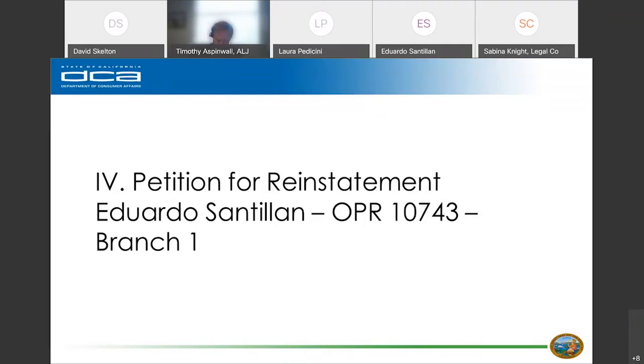So that completes the documents that I would like marked for identification and offered into evidence as Exhibit 1. The documents are so marked and admitted as Exhibit 1.